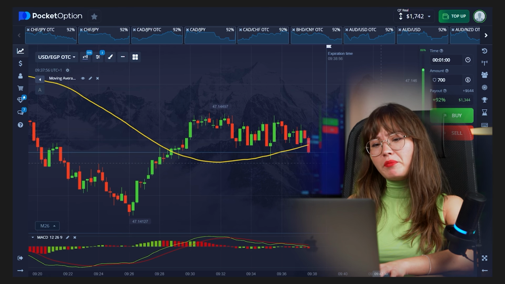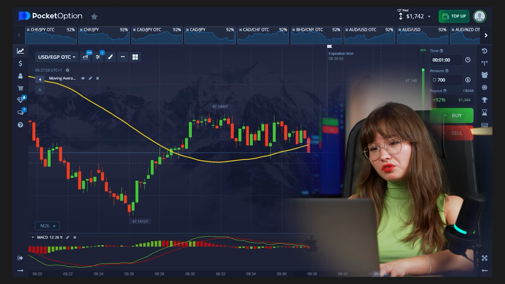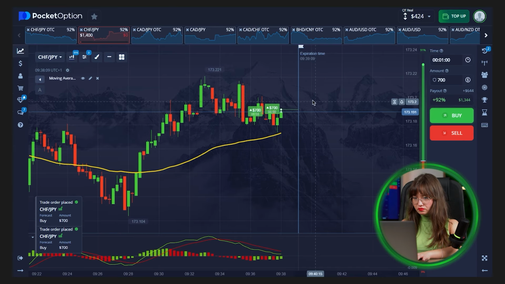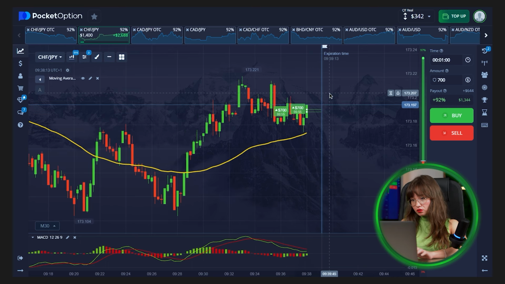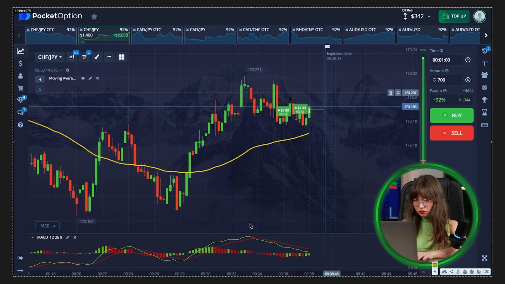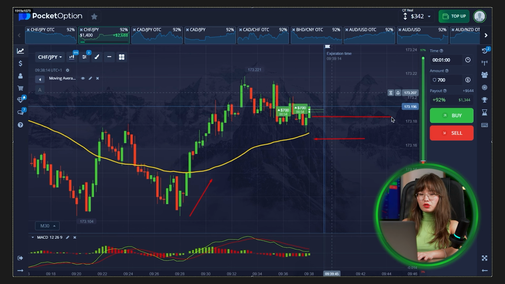No big deal, we are about to cover it with 2 more trades. And now we are opening 2 trades to cover that loss. MACD is still above zero, you can see it on the chart, and we just hit the moving average and there has been upward movement, so I'm guessing the price will rise again from this point.